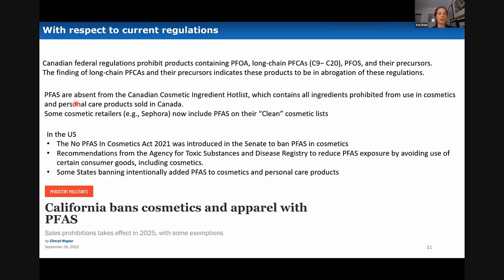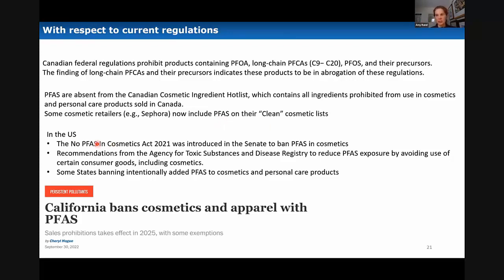Now, furthermore, there is a Canadian cosmetic hot list that contains all the ingredients prohibited from use in cosmetics and personal care products in Canada. However, PFAS are not yet listed on that hot list. There are some suppliers like Sephora, which now, I think as of 2021, include PFAS on their clean lists when you purchase a clean cosmetic or personal care product.